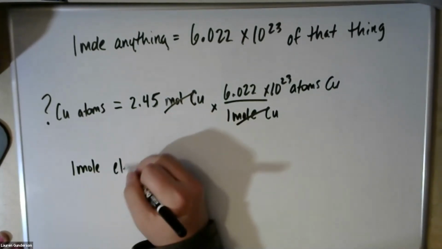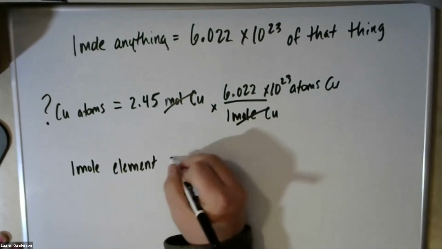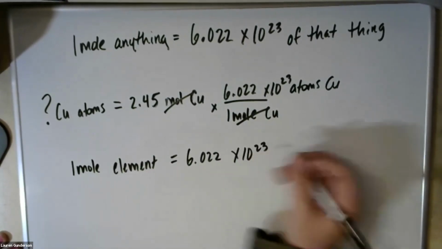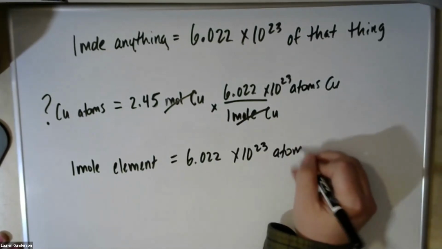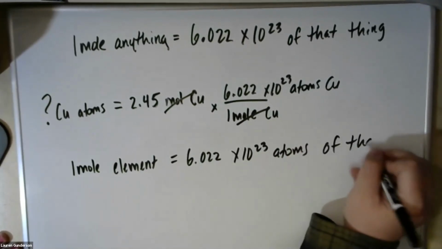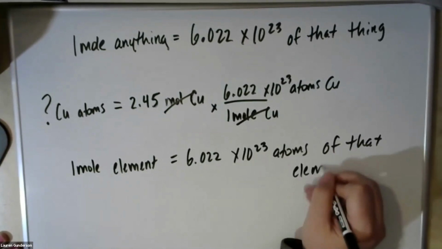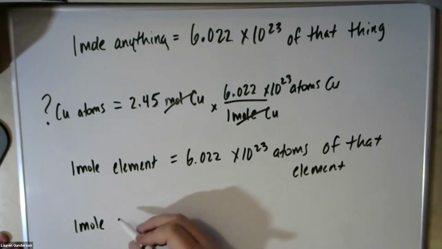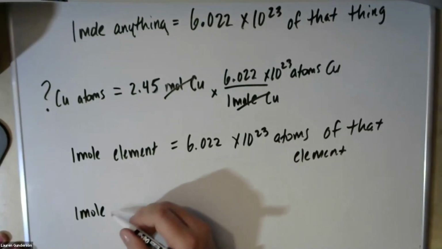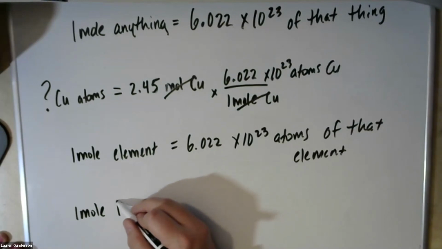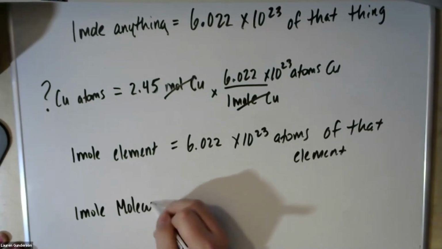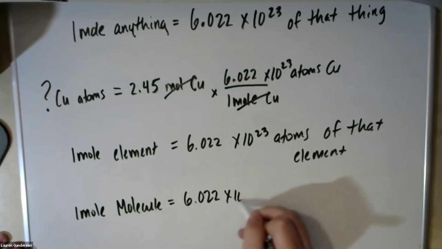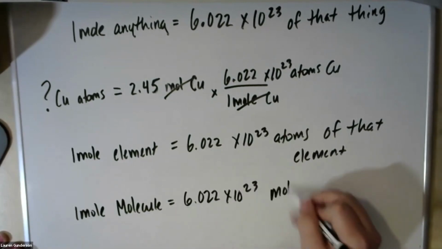So 1 mole of an element is going to equal 6.022 times 10 to the 23 atoms of that element. One mole of a molecule or a compound means that there'll be 6.022 times 10 to the 23 molecules of that compound.